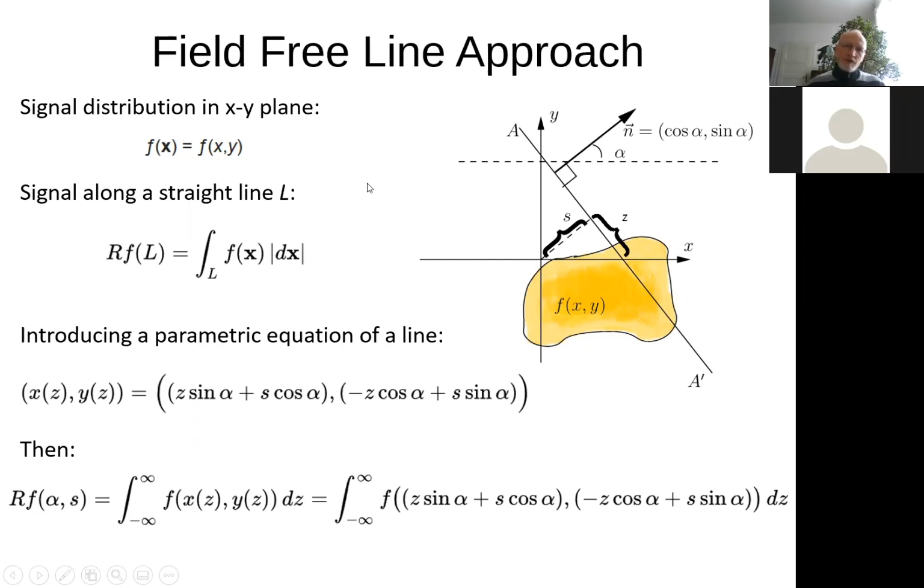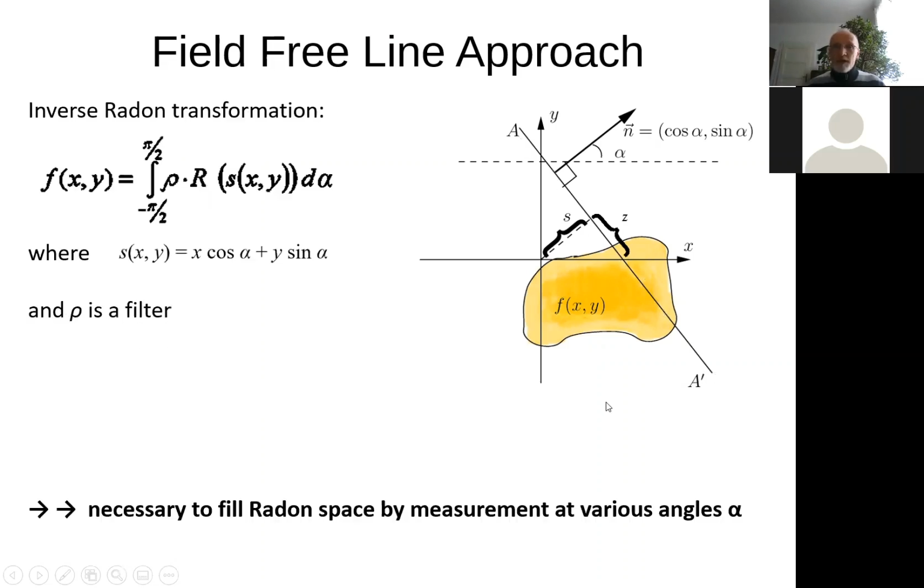You already heard about the Radon transformation in the case of computed tomography. So probably you already saw these equations. This is the signal distribution in the XY plane. Signal along a straight line can be calculated like this integral. You don't need to know all these calculations. But the hint is that the signal is always along the whole line, and then we can calculate the inverse Radon transformation.